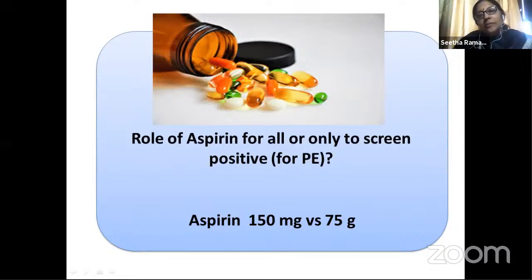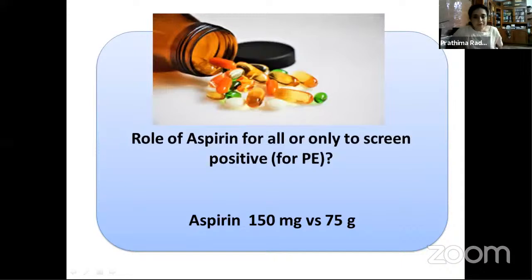But Pratima ma'am, as you said, you recommend empirically 150 milligrams, but I want to give only 75 as an empirical treatment. Am I right or wrong? No, if she is screen positive for preeclampsia, I would give her 150 milligrams. Period. That is what I would advise.